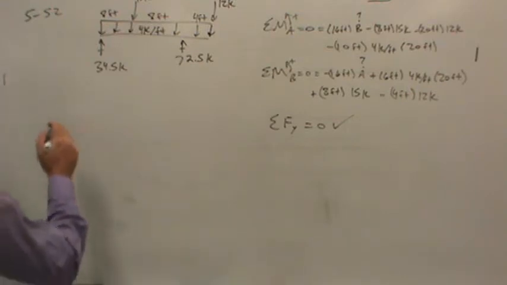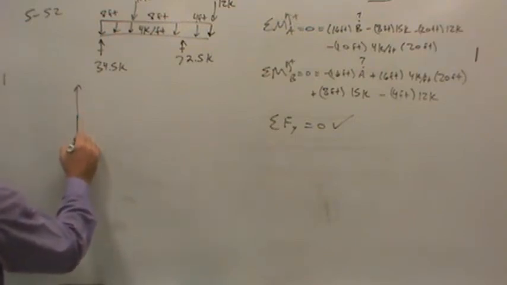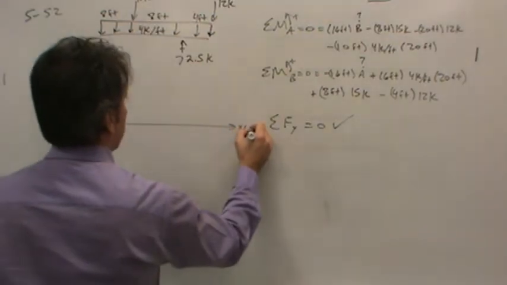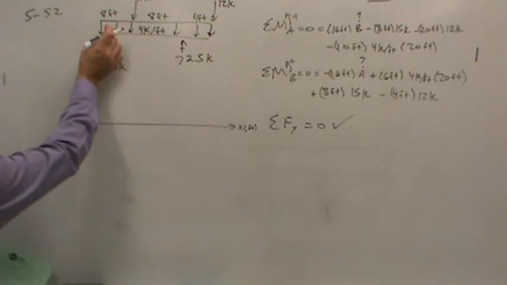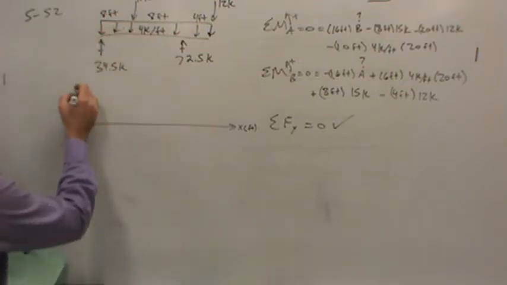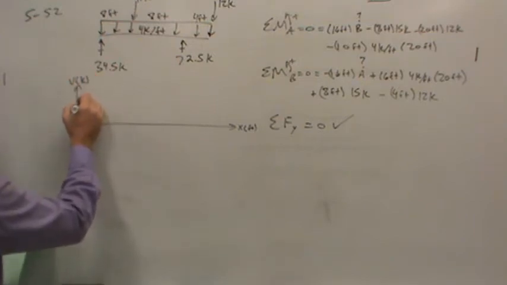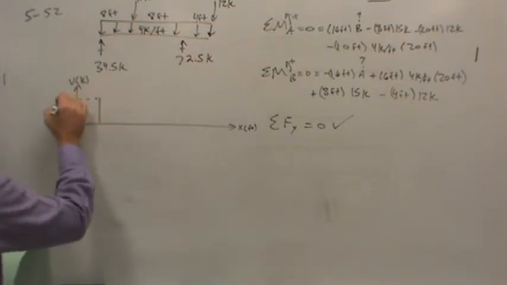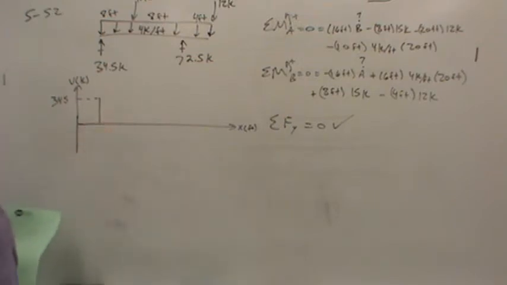Now, the next part is to come up with the shear and moment diagrams. So that'll be enough for the shear. Our position is measured in feet along the beam. And so if you imagine just a section of the beam on the left-hand side, well then the shear is going to begin at a load of 34.5 kips.